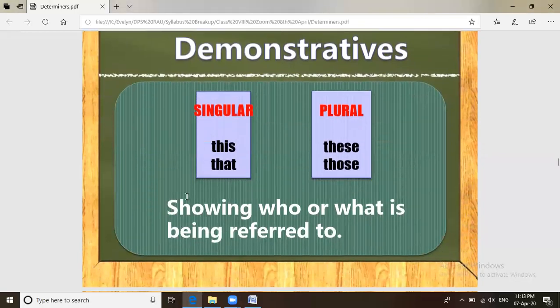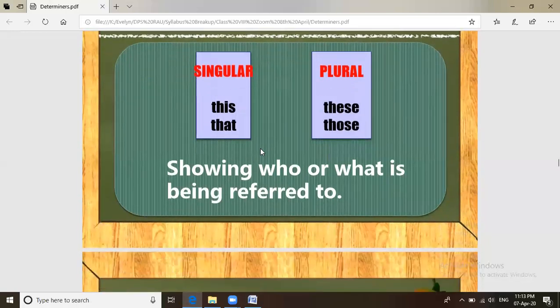Now demonstratives. Demonstratives simply point out things. This and these will point towards things which are physically closer to you or chronologically closer. And that and those will point out things and time frames which are at a distance, or things which are physically far relatively.